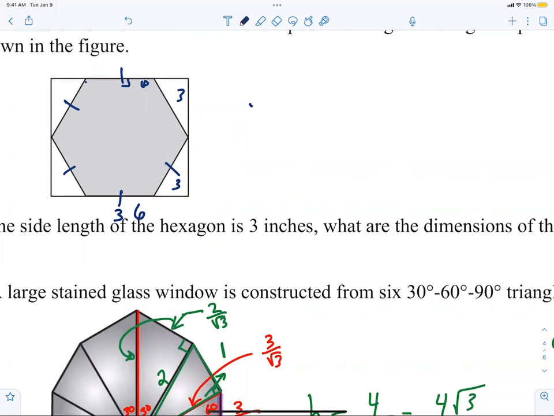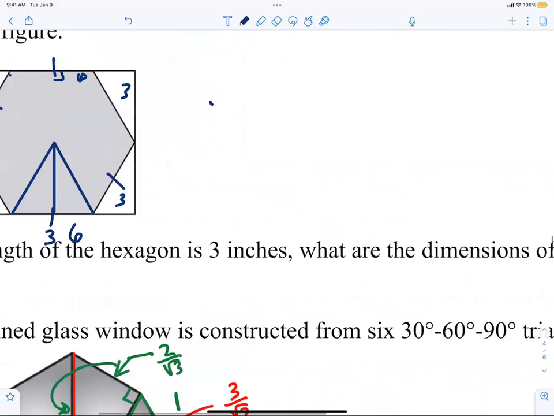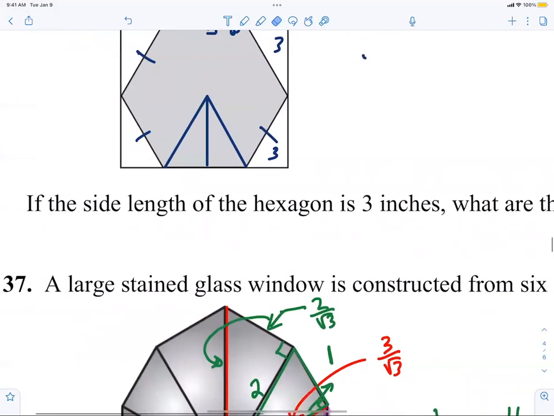So if this is the center, from here to here. Now, this distance, someone tell me, from here to here is how much? 3, right? So how much would this distance be right here? 1.5, right?